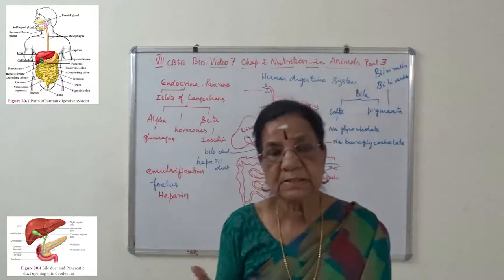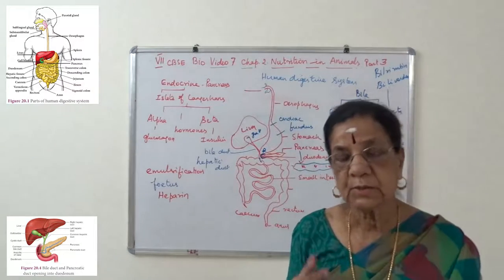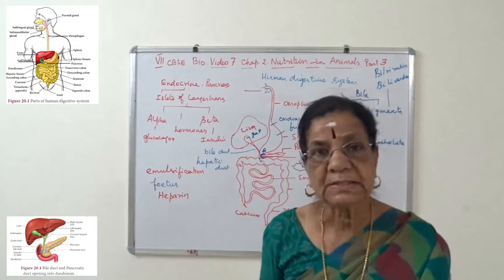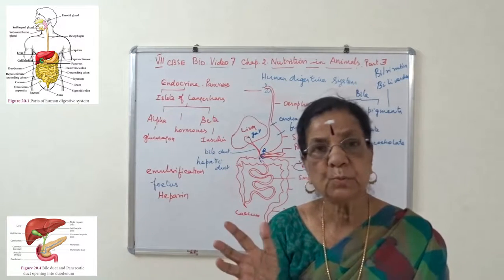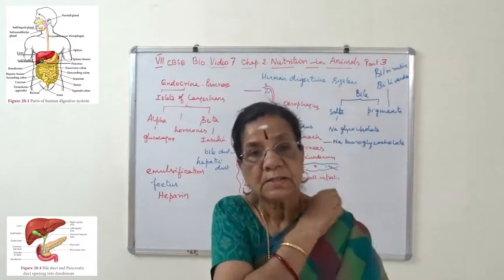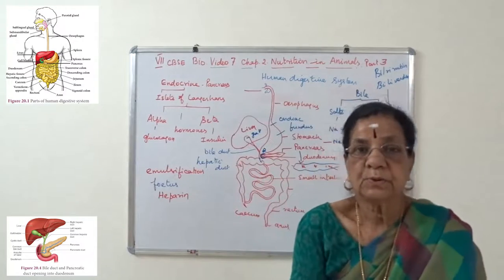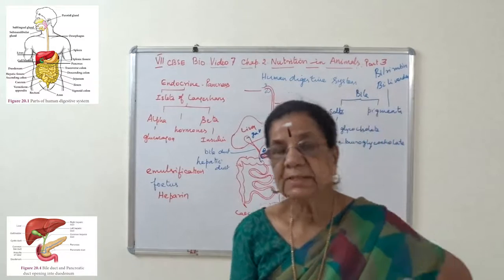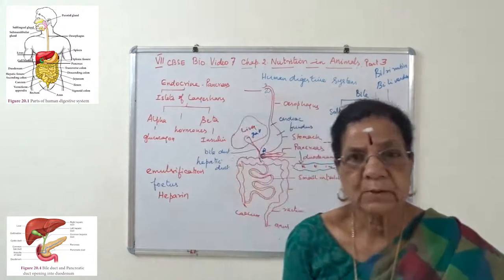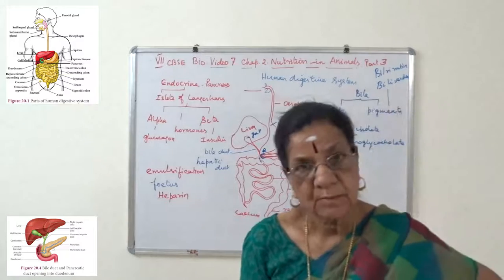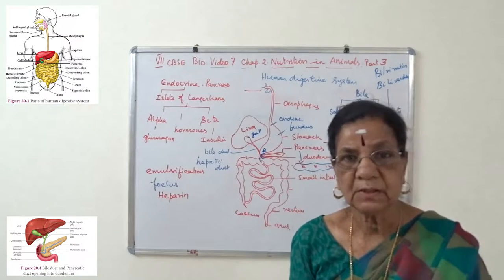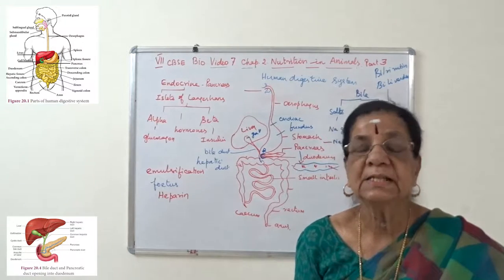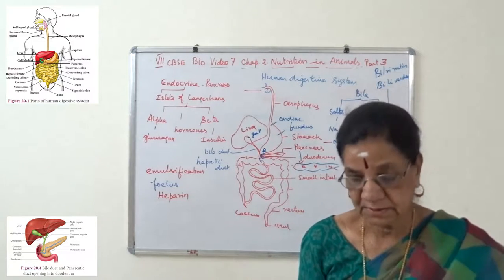When a person is suffering from a heart attack or heart problem, heparin is secreted, and this heparin should be produced properly. So it is an anticoagulant, acting against blood clotting.